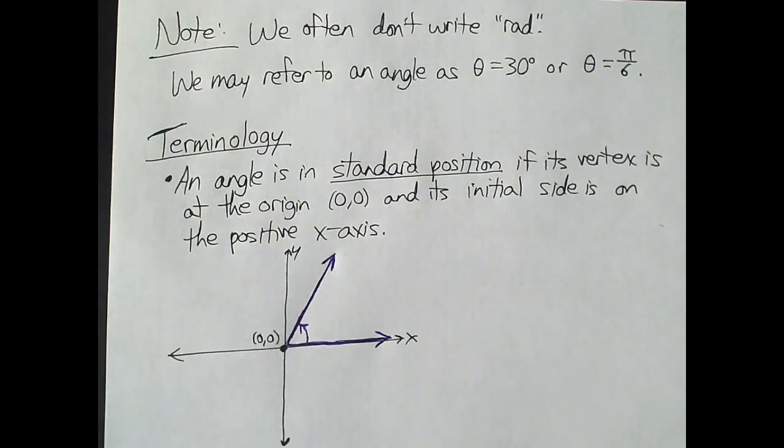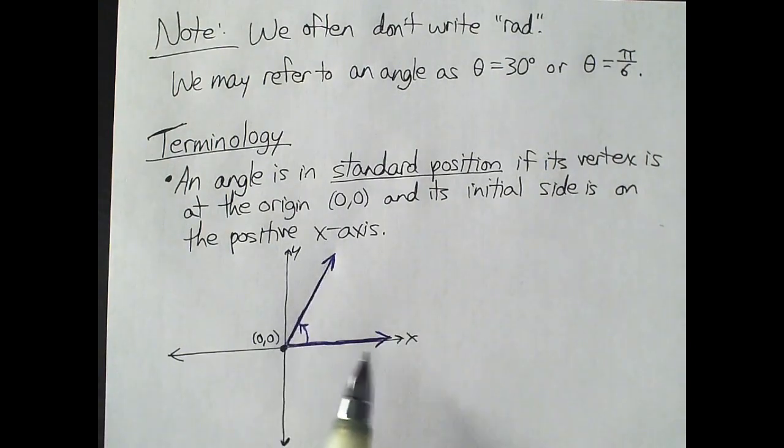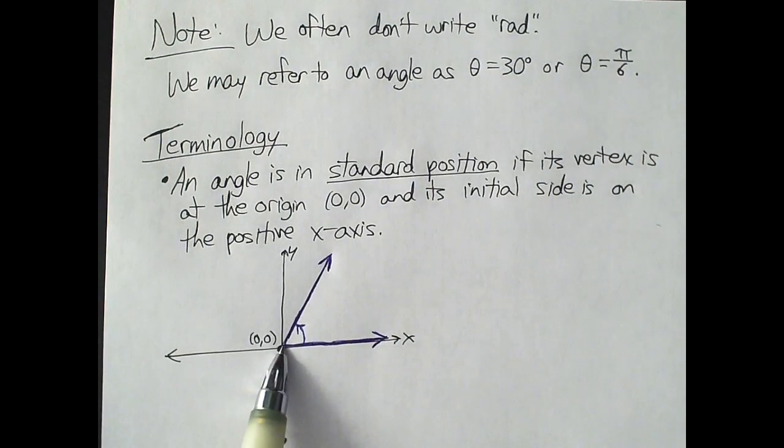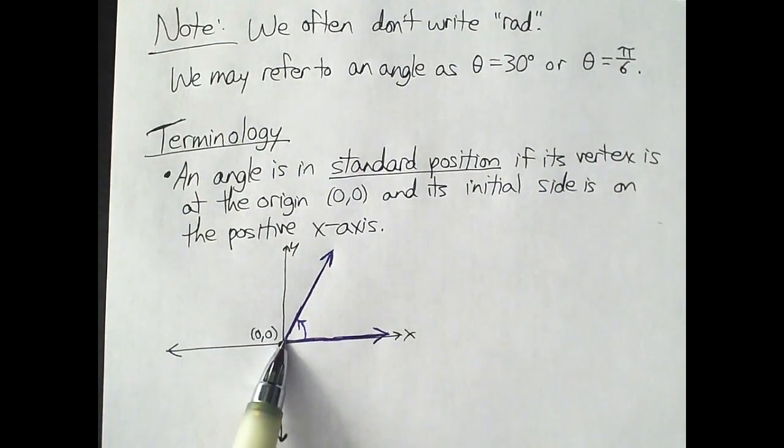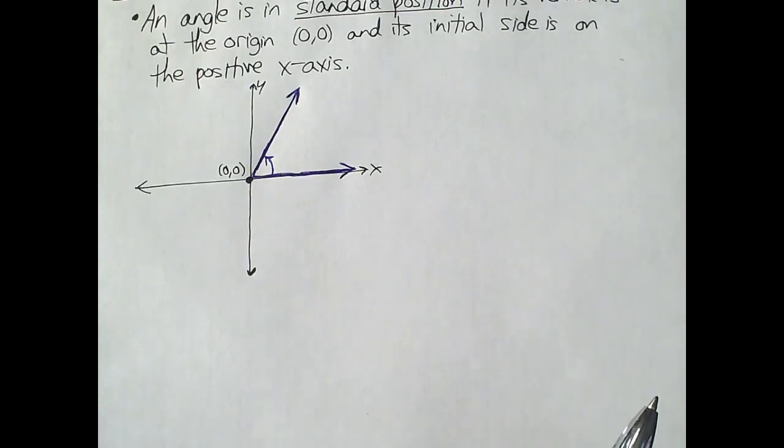You might have expected a unit circle to show up, but we can just think of radians and degrees. We could think of angles as existing in the xy plane with their vertex at the origin. And we don't necessarily need a circle to talk about angles. But we will talk about circles some more.